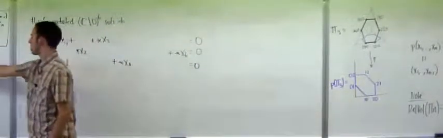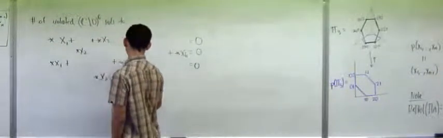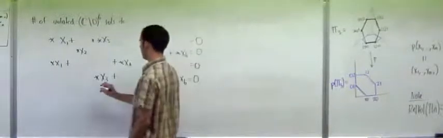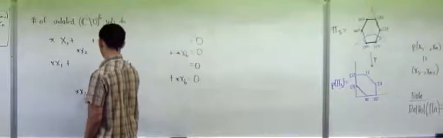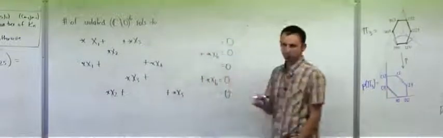Then this one, 3,6, I'm going to get something x3 plus something x6 equals 0. And then finally, this one says that something x2 plus something x5 equals 0. Okay?